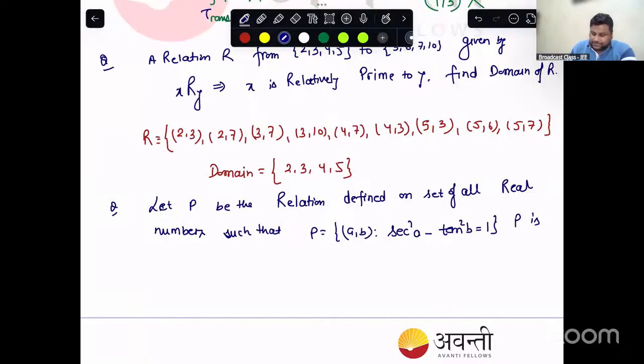Then P is... Options are again the same for you: reflexive, symmetric, transitive. Tell me what is P.